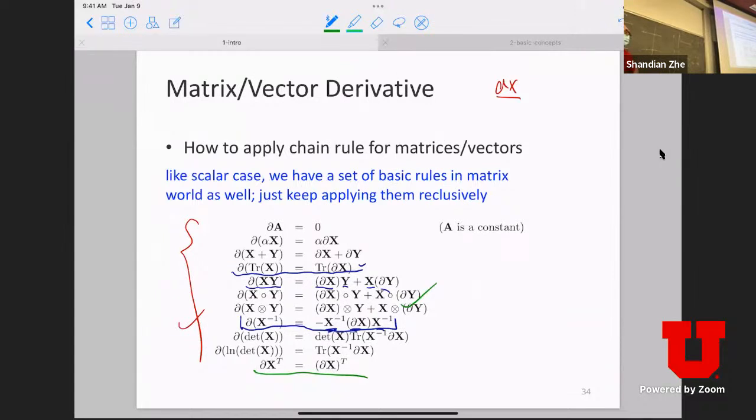Should X and Y be the same dimension? Yeah, of course. By default, if you're saying X plus Y, we assume they're the same size. Otherwise, how do you add them together? You have to assume their sizes match to conduct the multiplication.